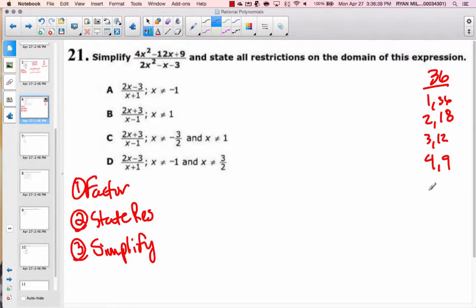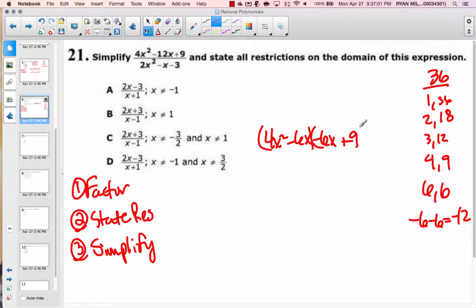And I forgot 6 and 6. All right, so 6 and 6 is my answer. I can do negative 6 minus 6 and get negative 12. 4x squared minus 6x minus 6x plus 9.